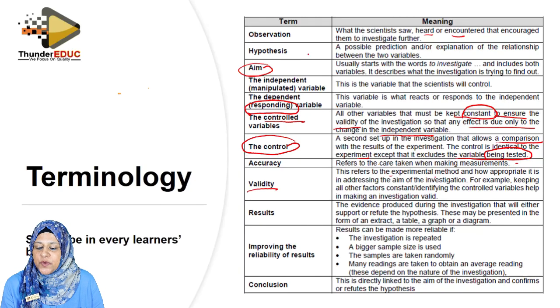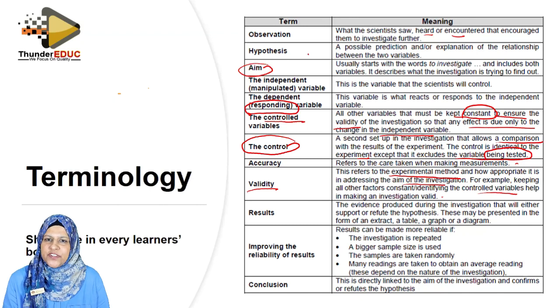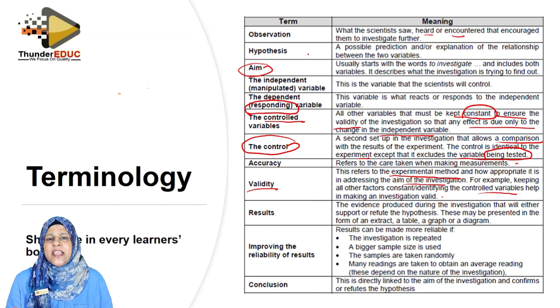Validity speaks to experimental design or experimental method, how appropriate it is in addressing the aim of the investigation. For example, keeping all factors constant, identifying the controlled variables help in making the investigation valid. So I want to give you an example here. If I am measuring the height of the plant, plants grow tiny amounts.